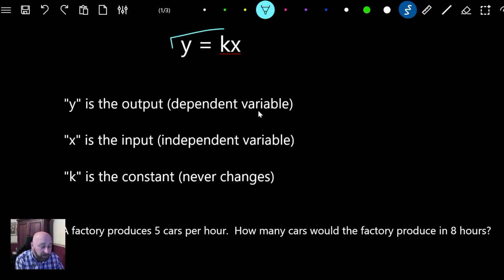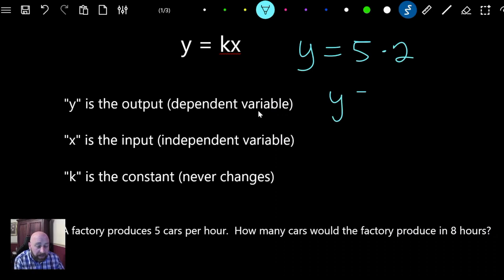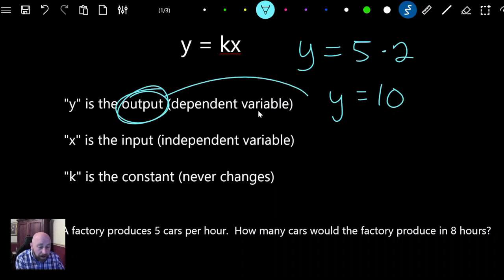So if we plug that into this right here, we'd get y equals, or the output equals, how many cars can they make, equals 5, because that's how many they make every hour, times how many hours they worked. Let's say they worked 2 hours. So the y, the output, equals, in this case, 10 cars. Our output right here, our y, is dependent.